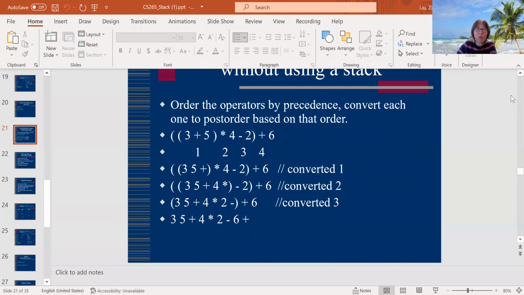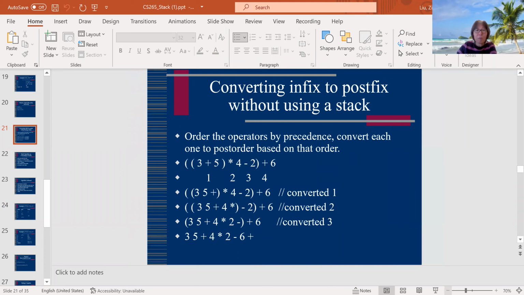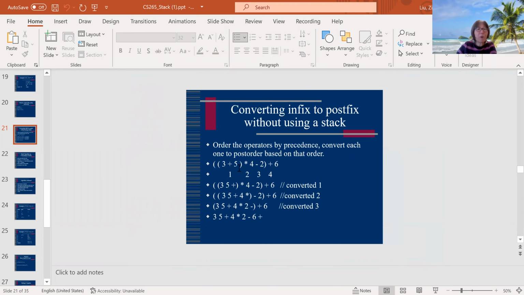I can also use the other example, 3 plus 5, etc. Over here it also involves scanning. Let me minimize this a little bit, so we all are able to see the expressions, and it will be easy for me to do the tracking.